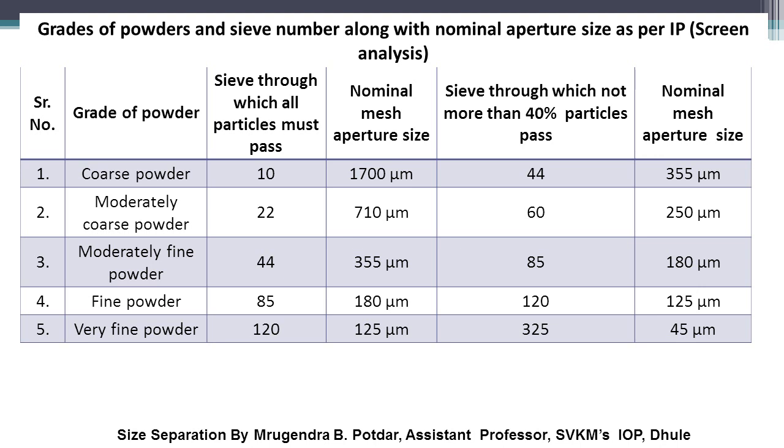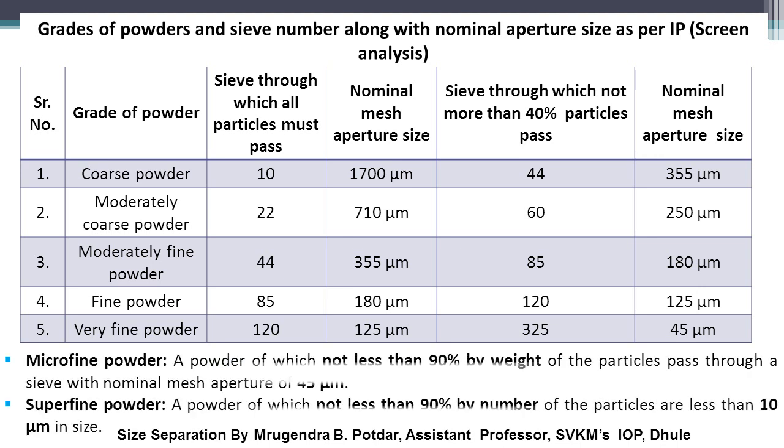As you observe, as the sieve number increases, the nominal mesh aperture size decreases. Nominal mesh aperture size indicates the distance between two wires.